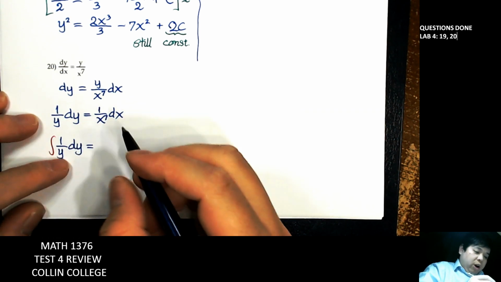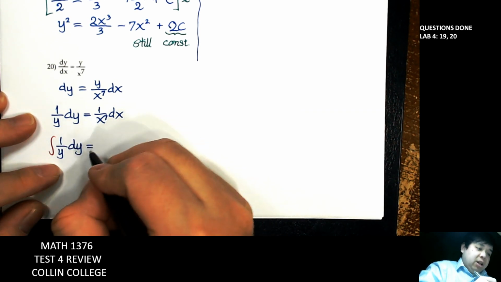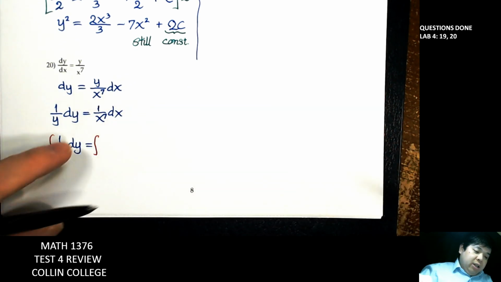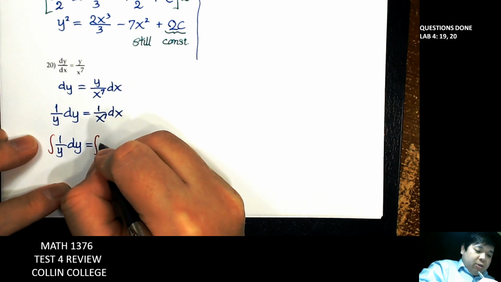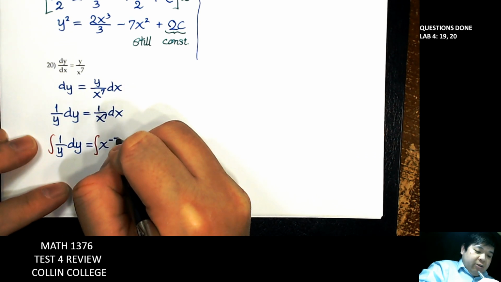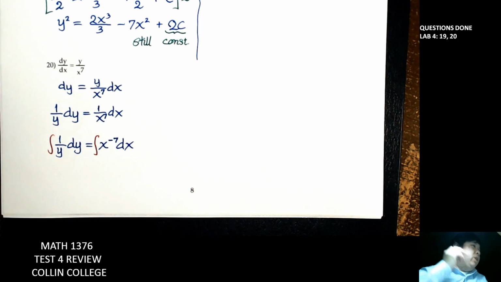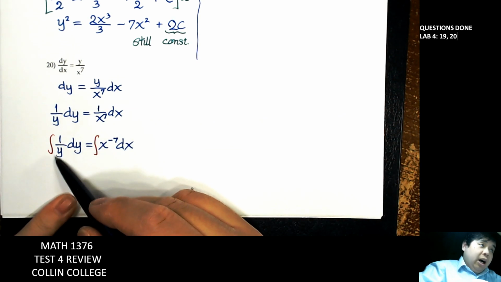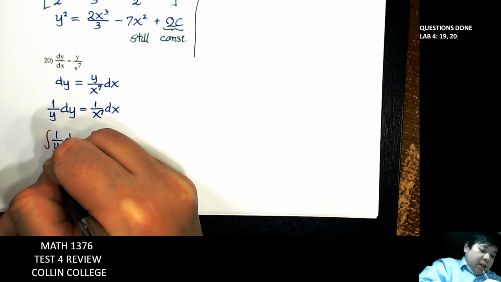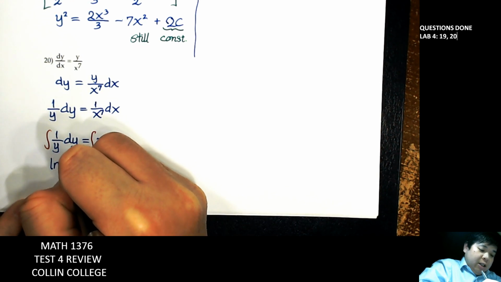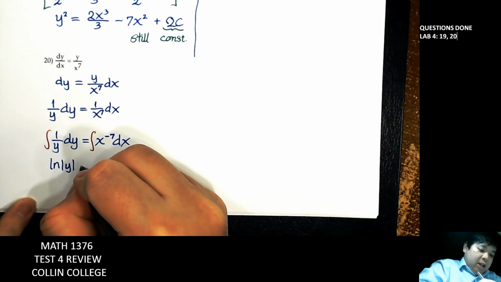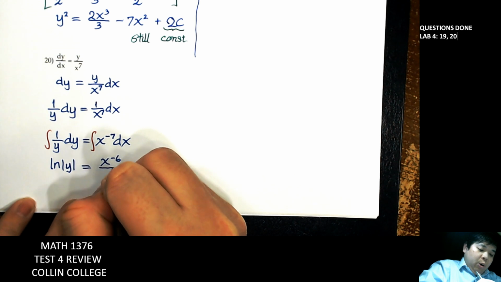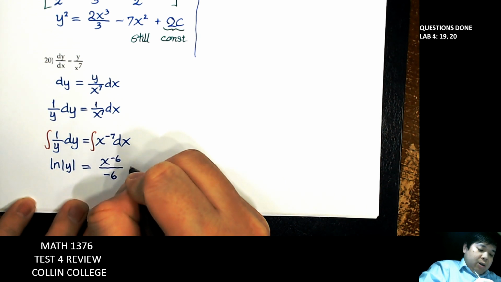We know the integral of 1 over y, so we're just going to leave it like that. But on that side, where we integrate, it's better to write it as a power of -7, because we're going to use the power rule. Right. The integral of 1 over y is ln of the absolute value of y, and x to the -7 is x to the -6 over -6 plus c.